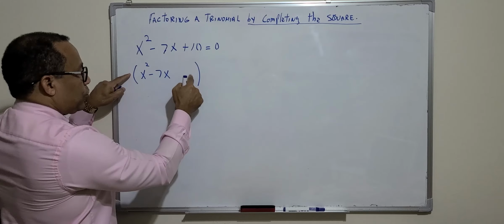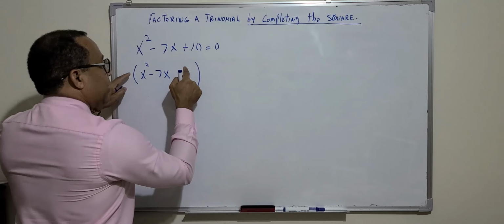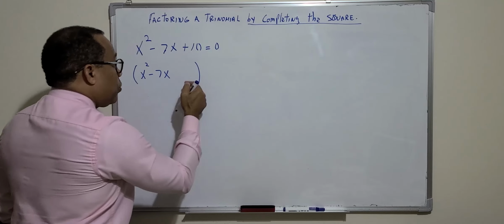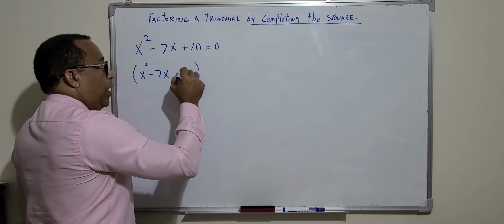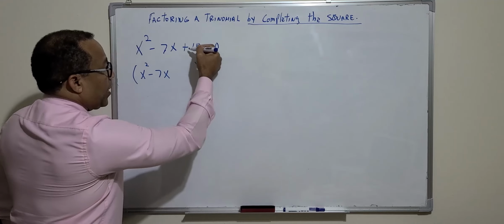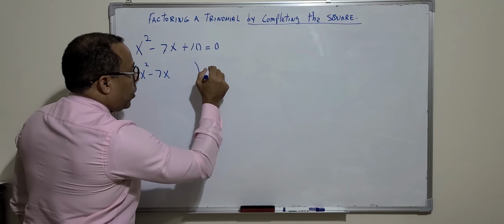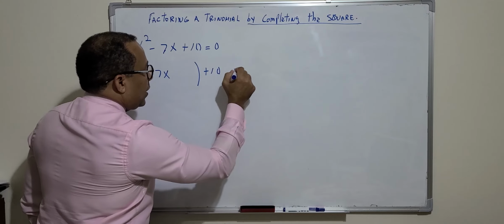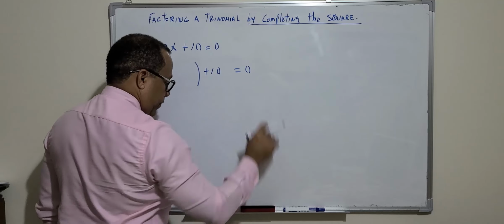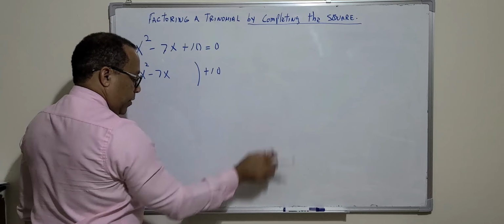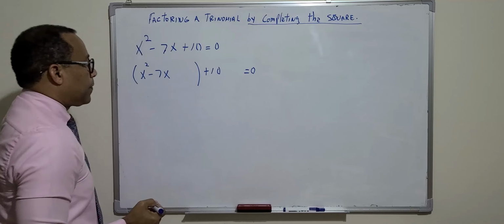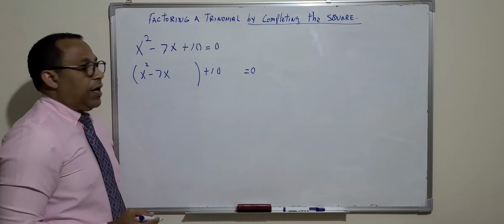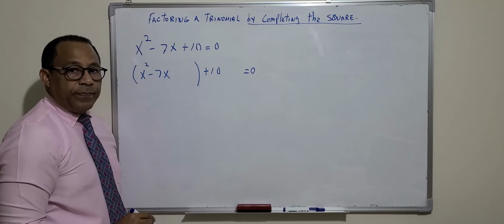This potential trinomial. I have to make it perfect. So since I'm going to find another term here, I'm just going to bring down what I still have. The plus 10 equals 0. Let me put it further, and you will see why. Equals 0.